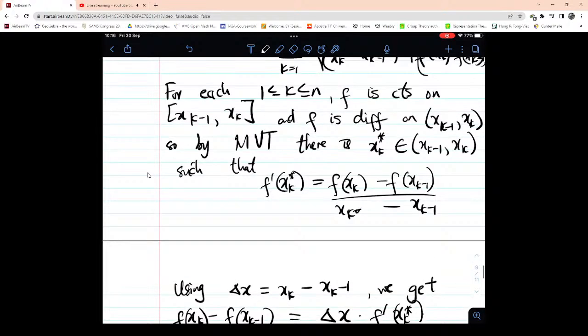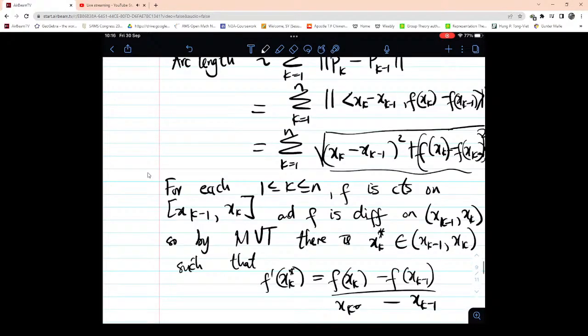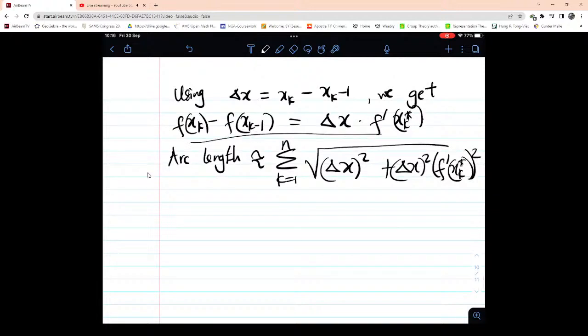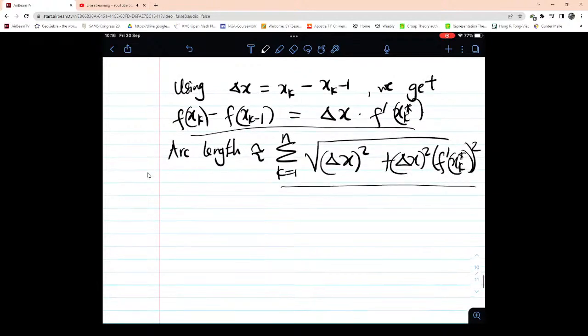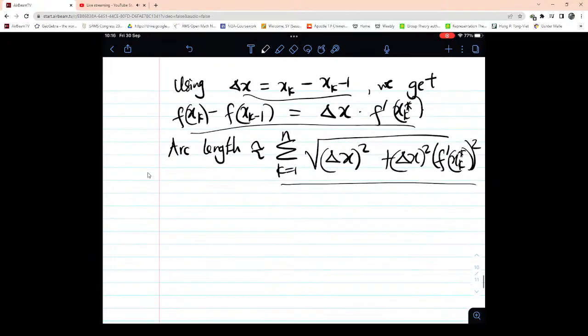If we substitute what we have here, we can take out delta x squared, so this is 1 plus f prime of xk star squared.